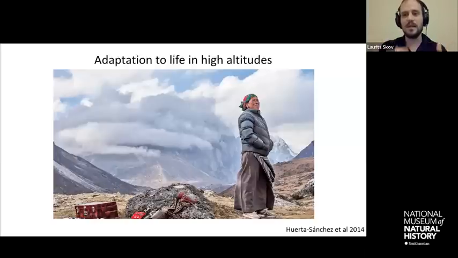Like it makes you produce more blood cells, but it doesn't make your blood as thick. So you sort of get out of this issue. And this is interesting because it suggests that this Denisovan population that our ancestors met might have been living in high altitudes because they were adapted to that. They had a version of a gene that helped them there, and then passed it on to us.